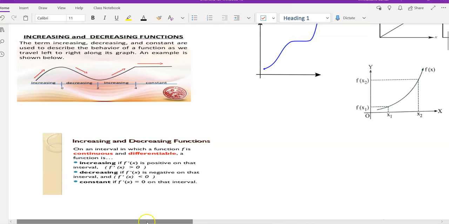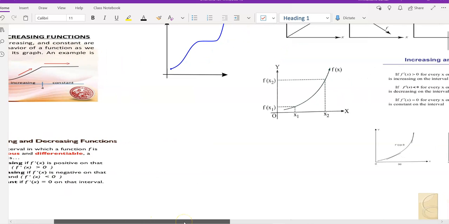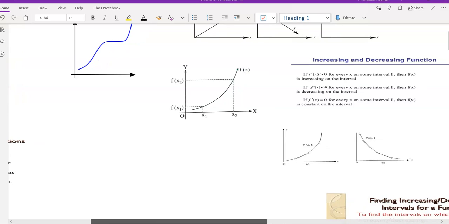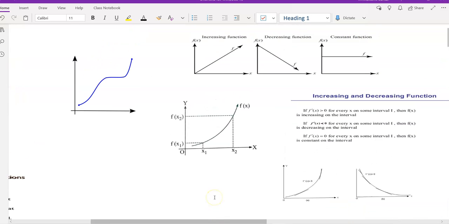Now I am going to explain with many other diagrams, so let us understand the meaning of increasing and decreasing more with the help of graphs.